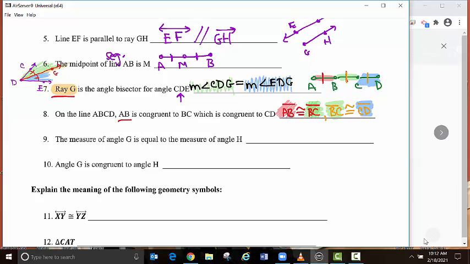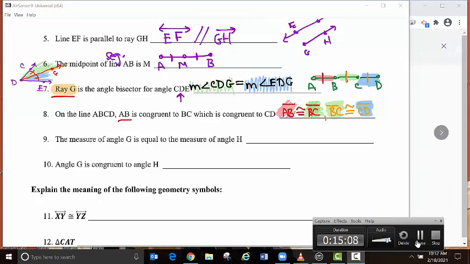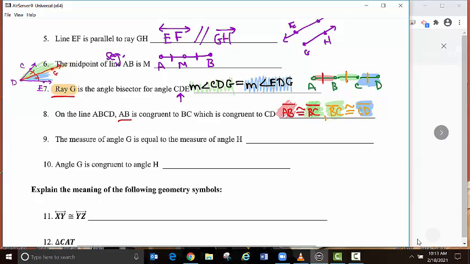Okay? So it's just writing it out. Can anybody see a relationship between AB, BC, and CD. Can you see another relationship? So yes, we would notice that this one would be the same as this one.